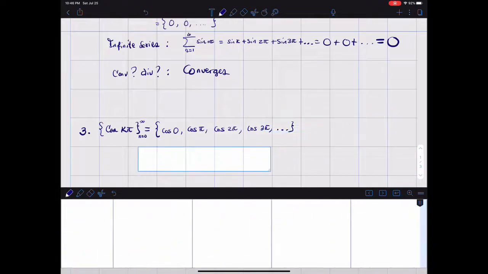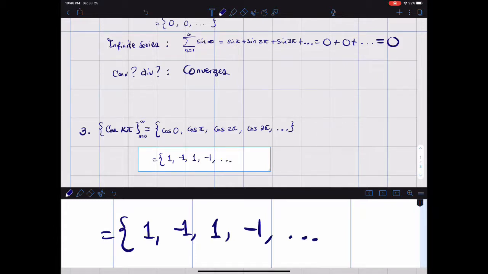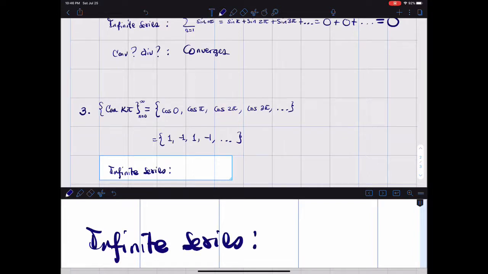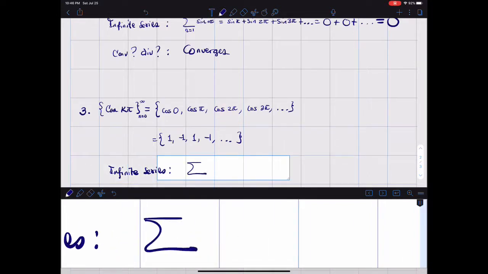Cosine of 0 is 1, cosine of pi is -1, cosine of 2 pi is 1, cosine of 3 pi is -1, and so forth. This is an interesting sequence, which will lead to an interesting infinite series. So this is the summation, k from 0 to infinity, of cosine of k pi.